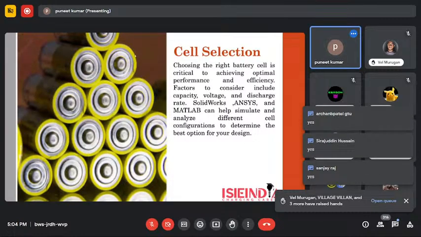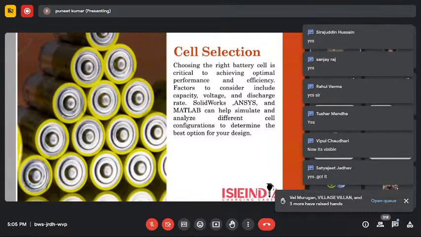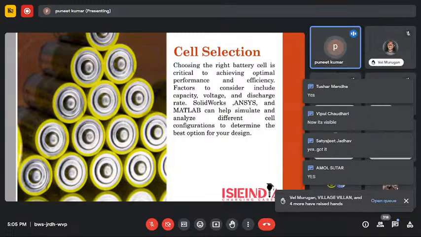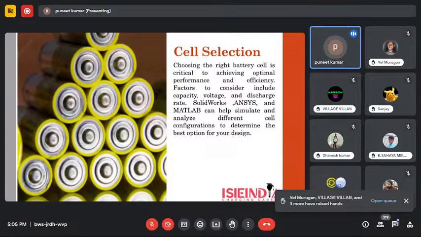Okay. So yes, for developing any battery pack, the most important part is the cell selection, right? So what exactly is a battery pack? A battery pack is a configuration of cells in a parallel or in a series pattern, right?